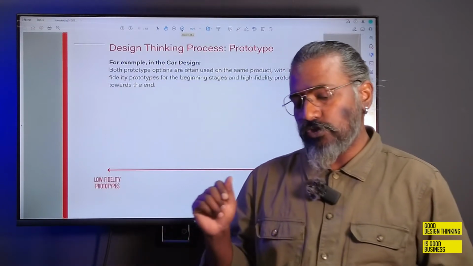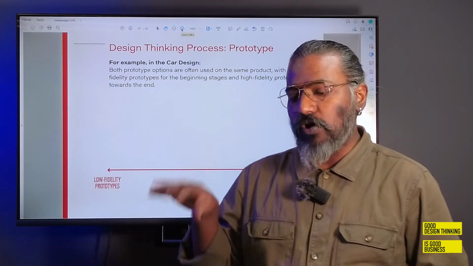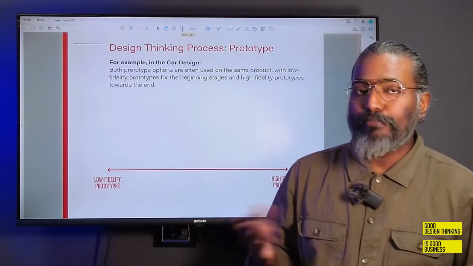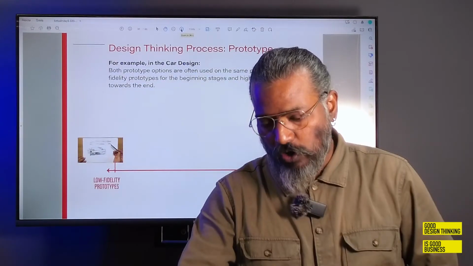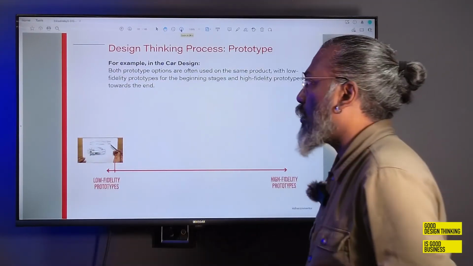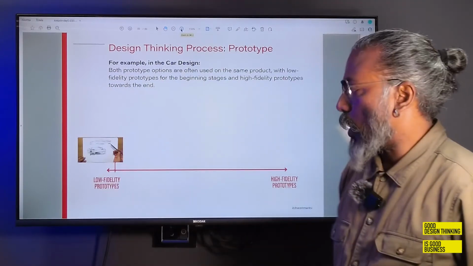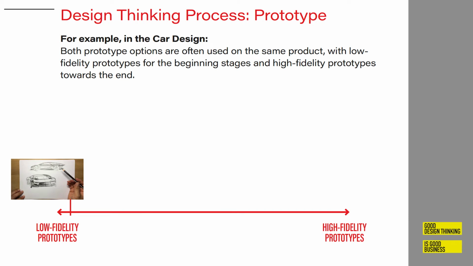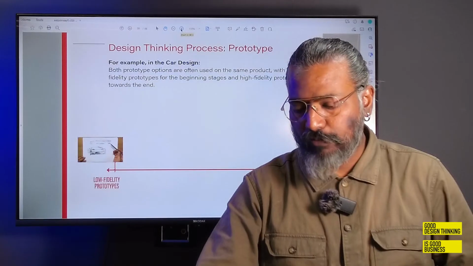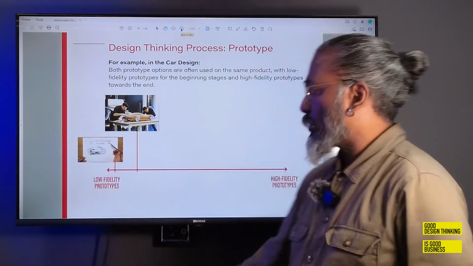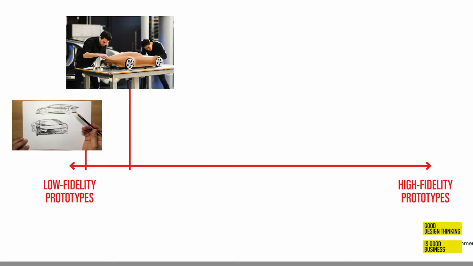It's not like one over the other. It's not like you do only low fidelity or only high fidelity; it depends, say, on whether you're in car design or innovation. Obviously you start with a low fidelity prototype. You start creating sketches, you try to bring your idea onto paper. Then you move towards a miniature version of that car, a clay model.